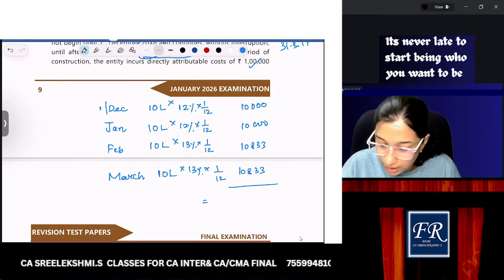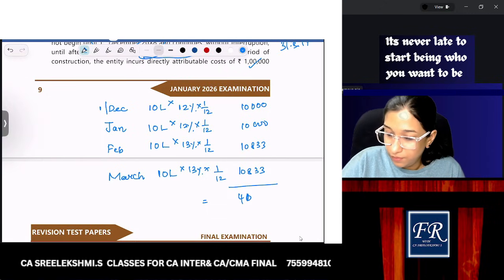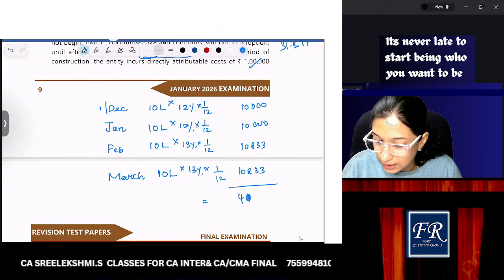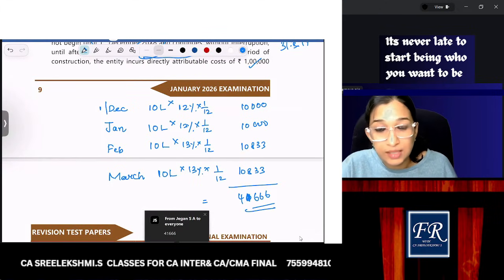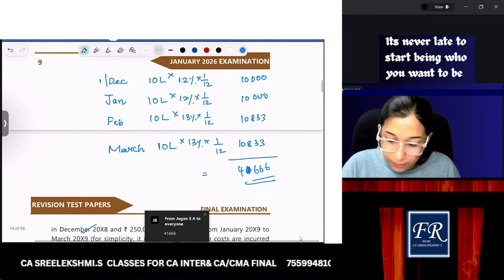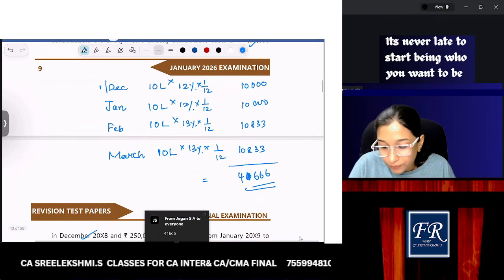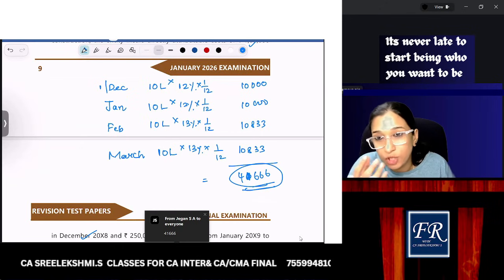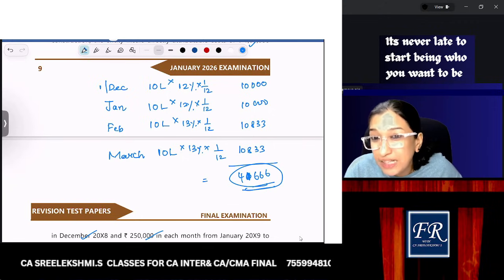So it is 41,666 is the interest that can be capitalized. But if it is a specific loan, from this total amount of interest that can be capitalized, short-term investment income, if any, should be deducted.